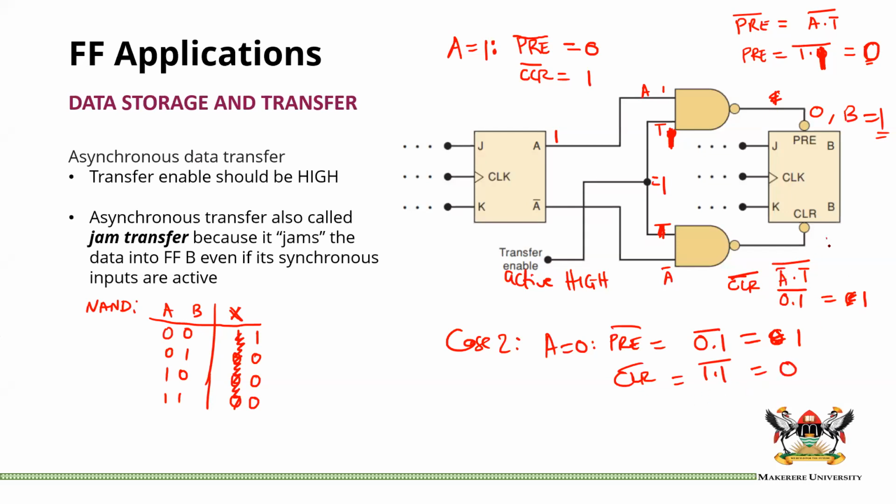And we have a clear input of 0 and a preset input of 1. That means clear is active. And when you have clear 0, you get B equal to 0. So in other words, your A still finds its way into that flip-flop, and that is asynchronous data transfer.